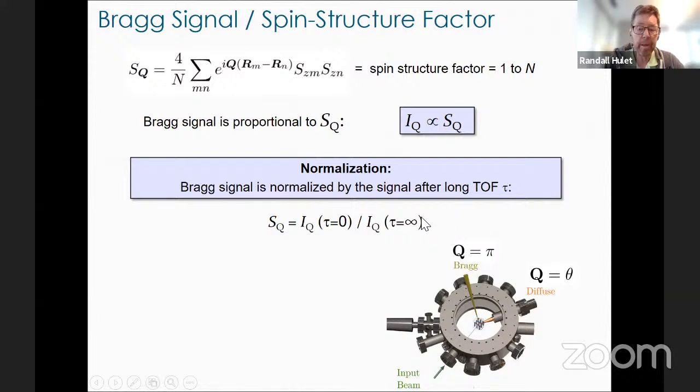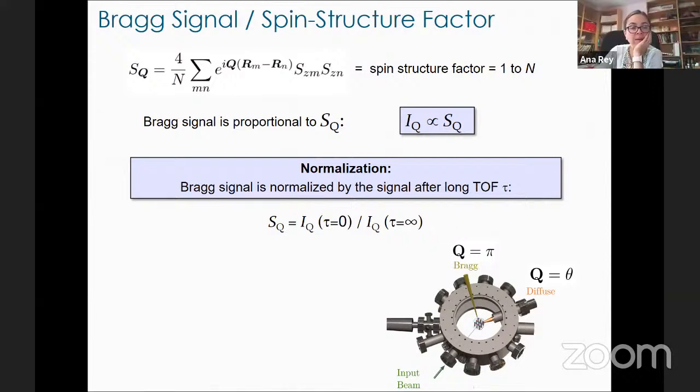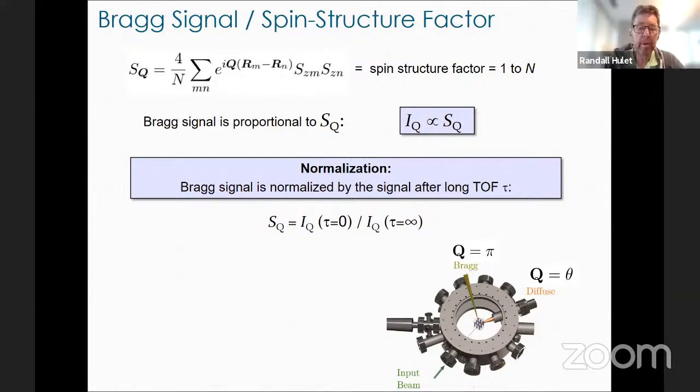And what was the second part, Anna? It was the effect of the harmonic confinement, the trap, on the structure factor. Yeah. So the harmonic confinement is an issue. If you are tuning your conditions, density in particular, to be exactly optimal for detecting the antiferromagnetic order, it means that the volume is relatively small, because it's in the range of the density distribution which is relatively flat.